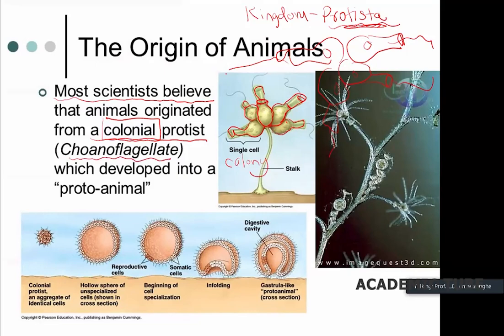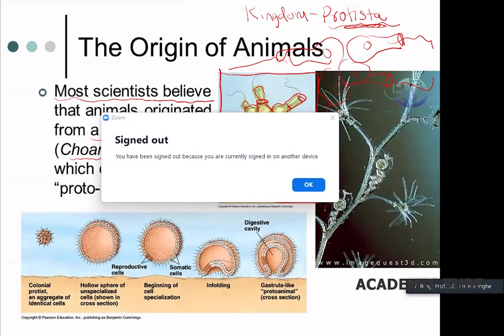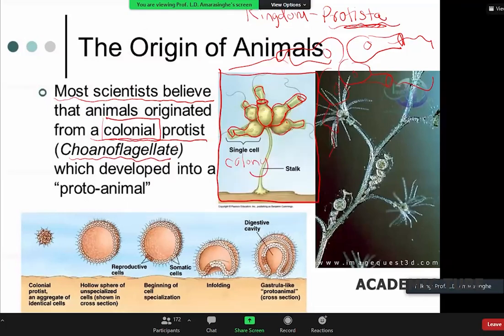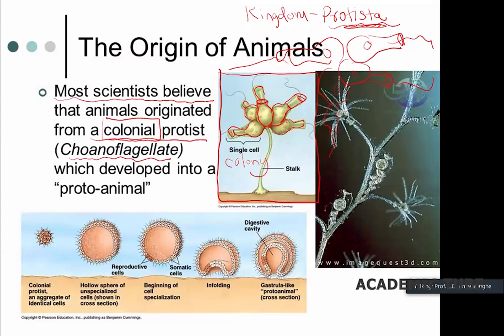So this is the typical description of what scientists expect the animals originated from. According to many scientists, this is how the animals originated. So your answer for how animals living today originated is from a colonial protist, a choanoflagellate organism found in the ocean.